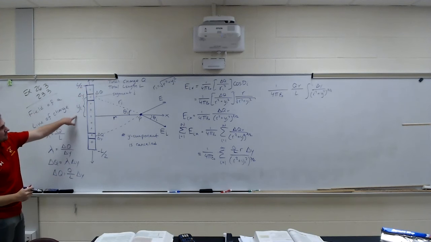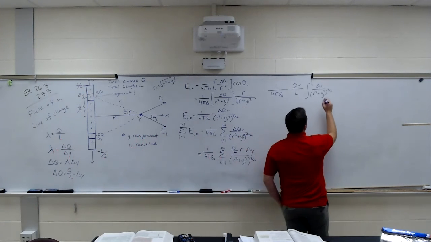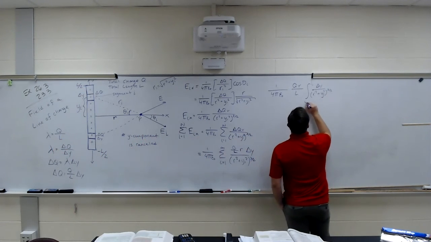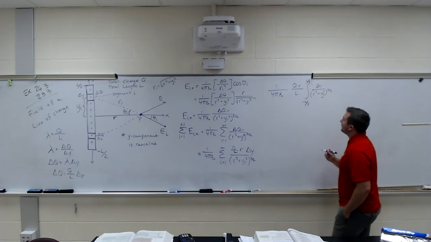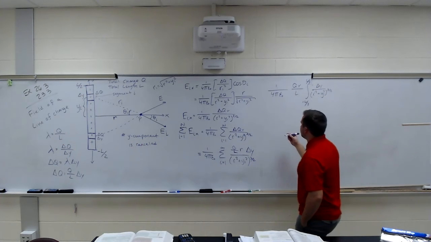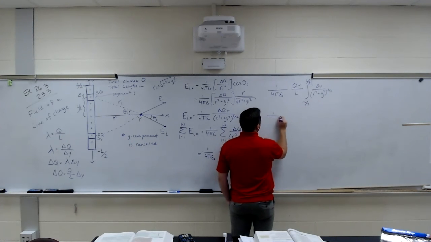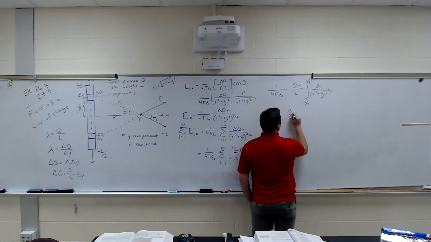That would be the highest that our yi value could be. So we're going to integrate from negative L over 2 to L over 2. Integral, very complicated. So I'm just going to give it to us. It's in the back of the book, in the appendix, if you want to go look for it.